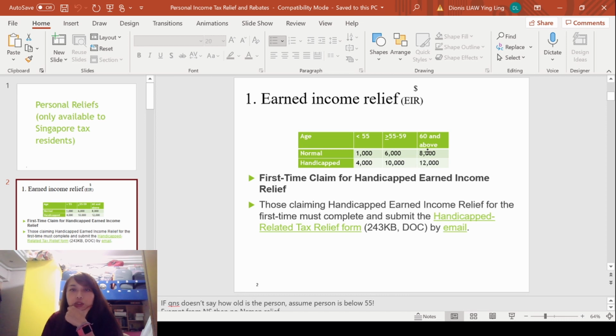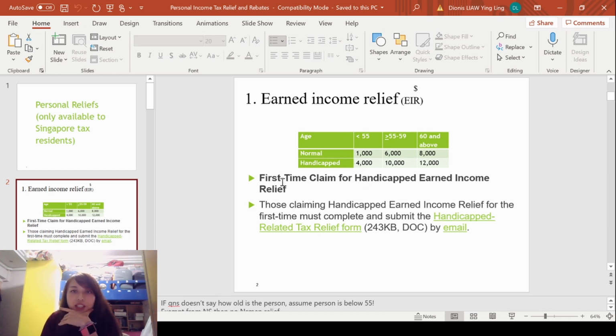For the very first relief, these are the amounts that you can claim, and this is for earned income. Earned income is what you earn from your trade, or you are self-employed, or you are employed by someone. So all these are earned income. If, for example, you only derive interest income, it's not considered earned income, so you will not qualify for earned income relief.